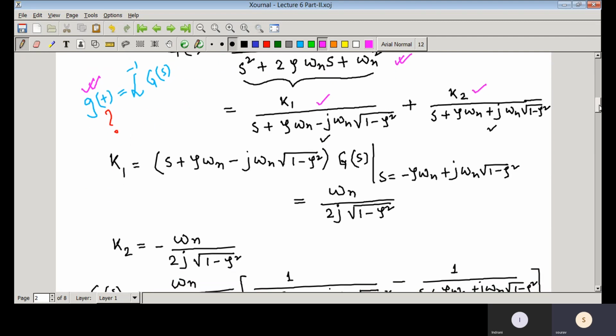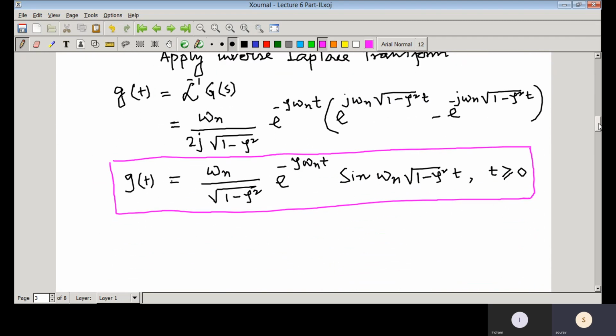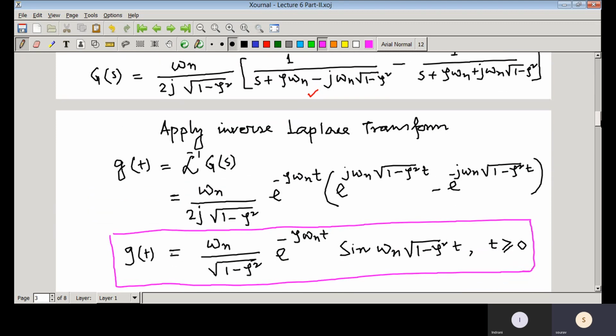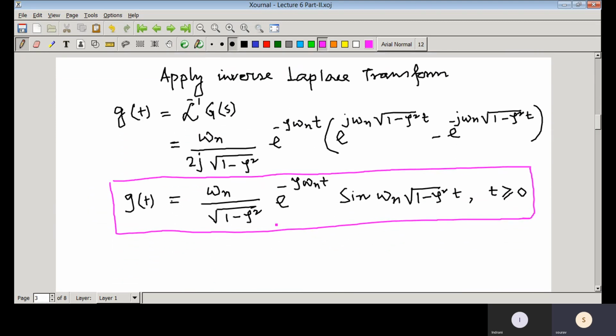So this is that method and final expression. So I suggest you remember this particular expression, because whenever you will be solving any standard second order system, if you always follow this method, then it would be very clumsy. So better to remember this particular expression, omega n by square root of 1 minus zeta square, e to the power minus zeta omega n t, and sine omega d t, this one.